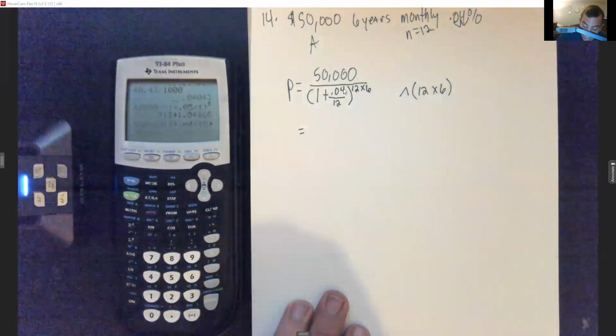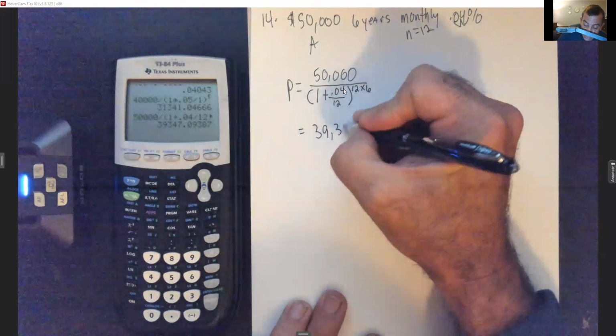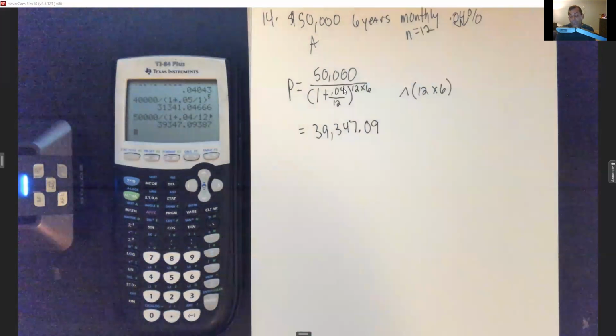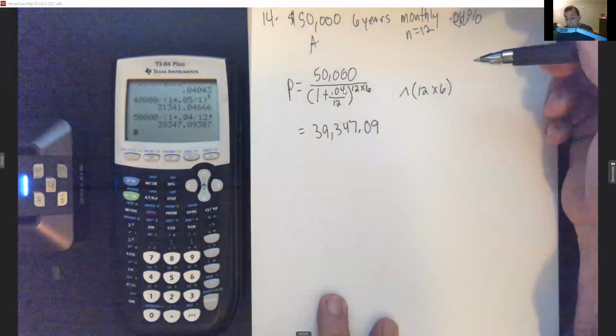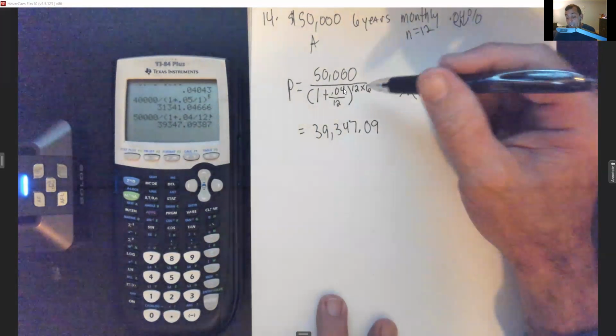All right, hit enter, and this is going to give me $39,347.09. So you still got to start with quite a bit to make 50,000 in 6 years if you've got something getting compounded 12 times, okay? And that's a year.